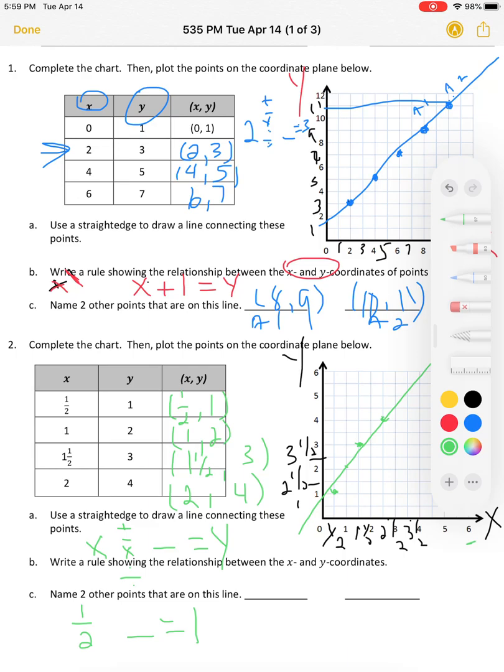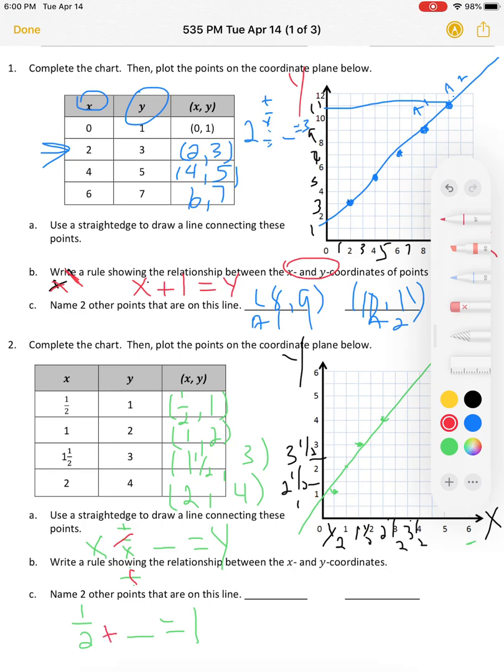That's possible. 1/2 minus any number, would it equal 1? No, so we know that subtraction will not be part of our rule. 1/2 times something can equal 1. Yes, so that's possible. 1/2 divided by any number, would that equal 1? No, so we know division is not part of our rule.